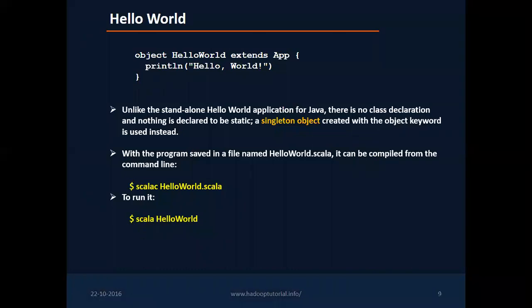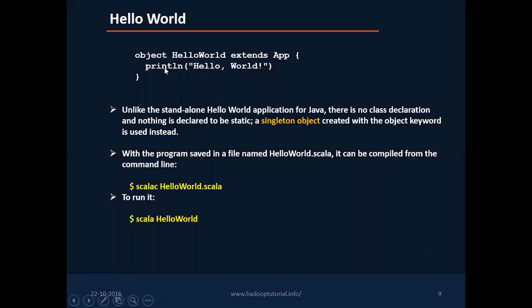Now, to start with the basic hello world, if you have to make your Scala code runnable, there are 2 ways. Obviously you need an object in Scala. With just a class, it is not possible because everything is an object in Scala.